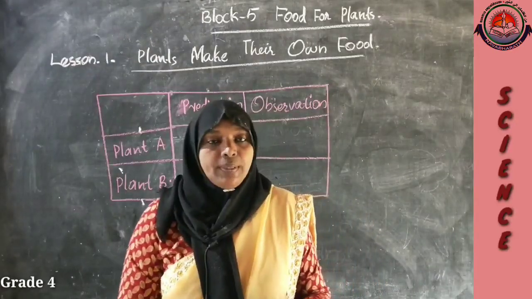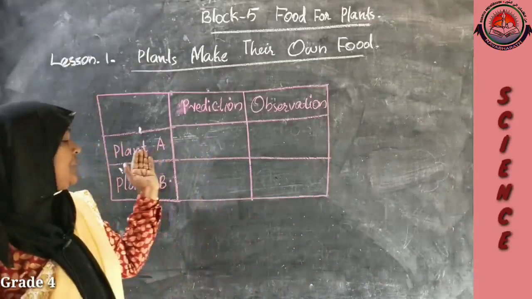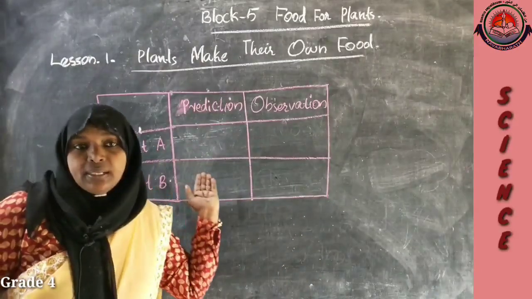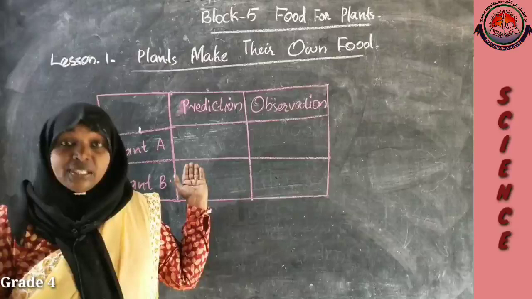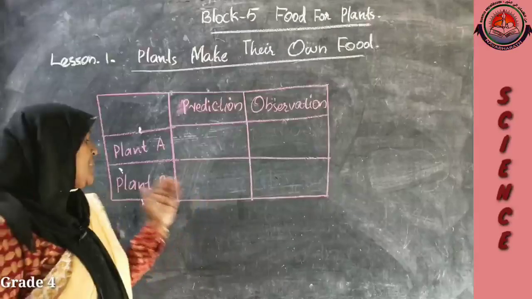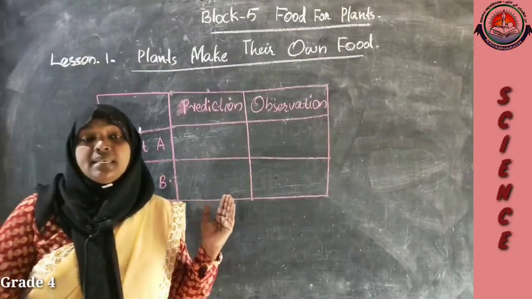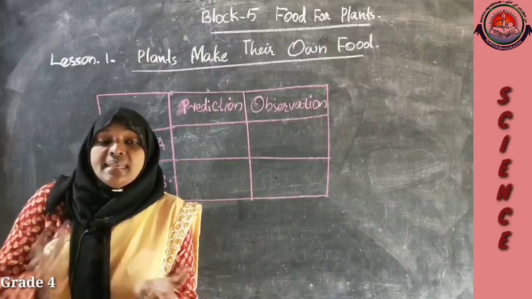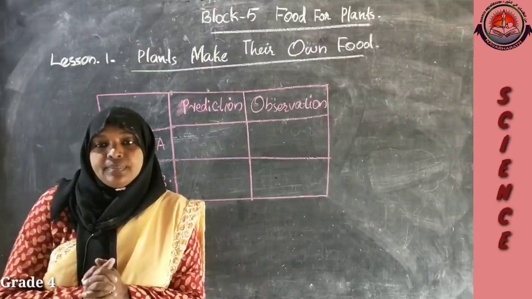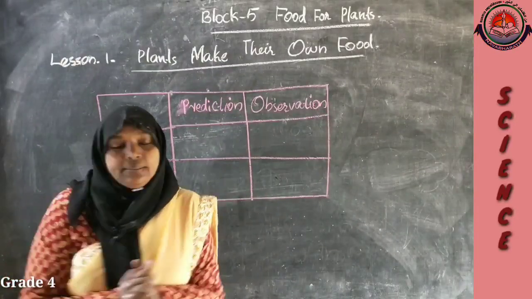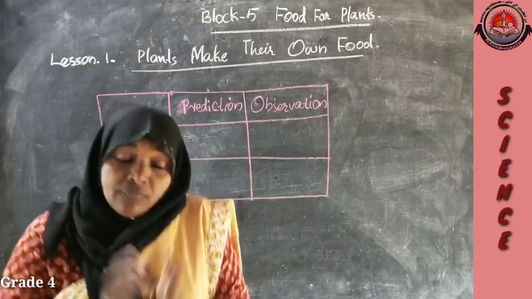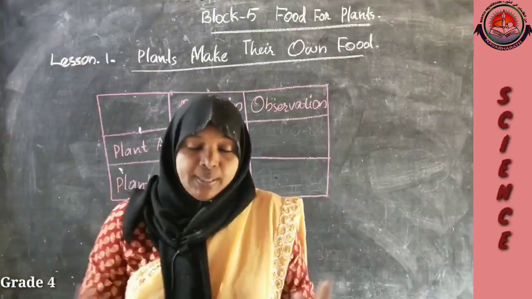Clear? Okay. Plant A is uprooted and didn't get water properly, and the second plant I kept in an airtight box. Clear? Then, what will happen to these 2 plants?